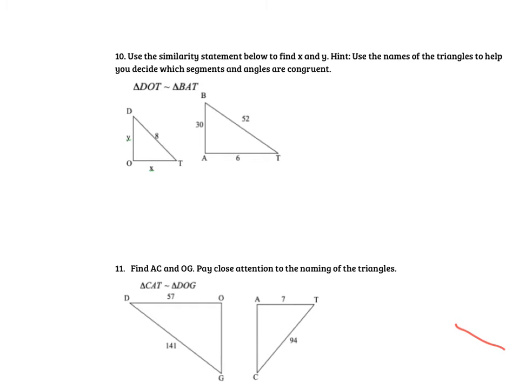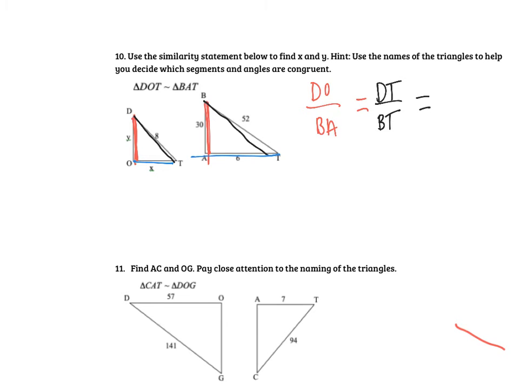DO is partners with BA, so I have DO over BA, which equals DT over BT, which equals TO over TA.